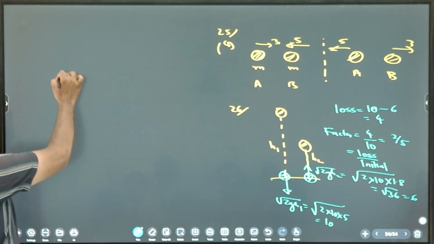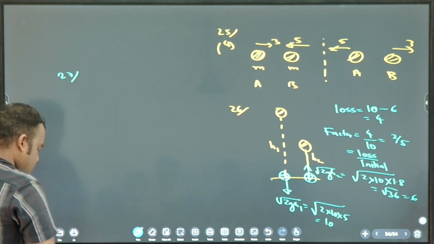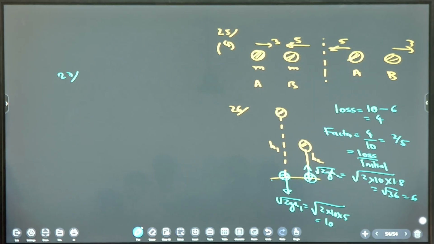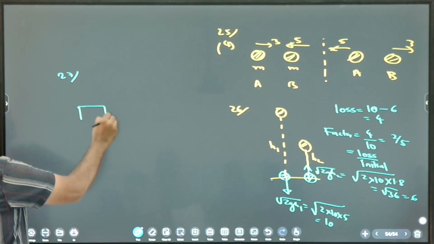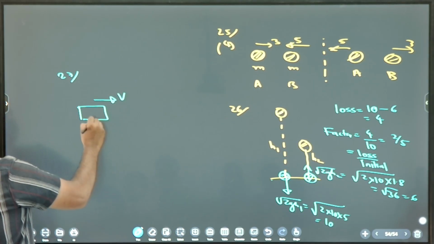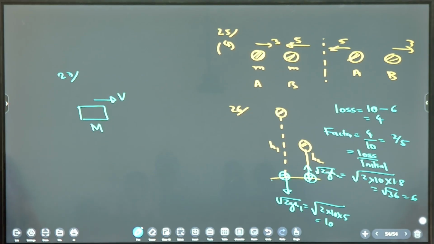So 27, a spacecraft of mass capital M moving with velocity v. Suppose this is the spacecraft, it is going with v, mass is M. Suddenly it explodes into two pieces.